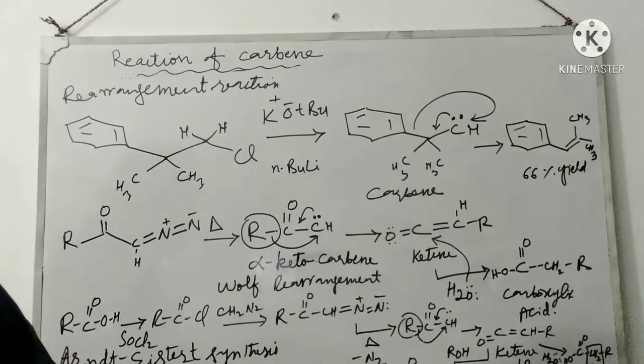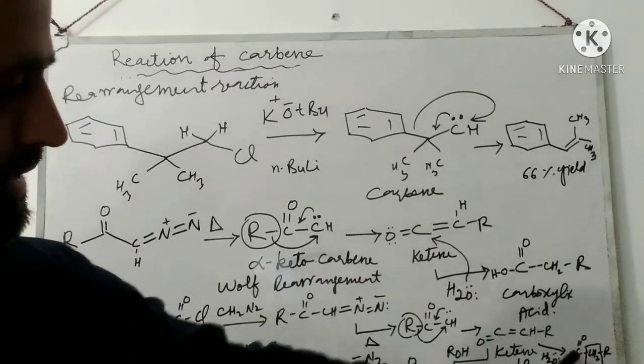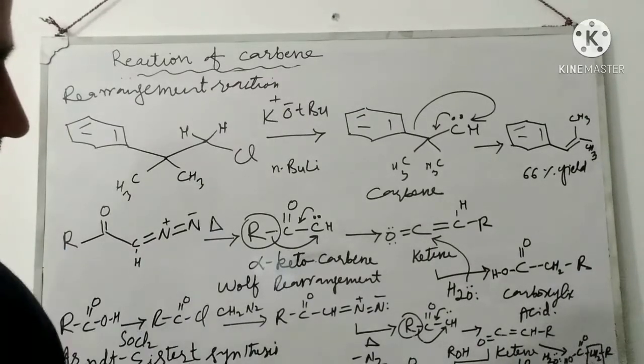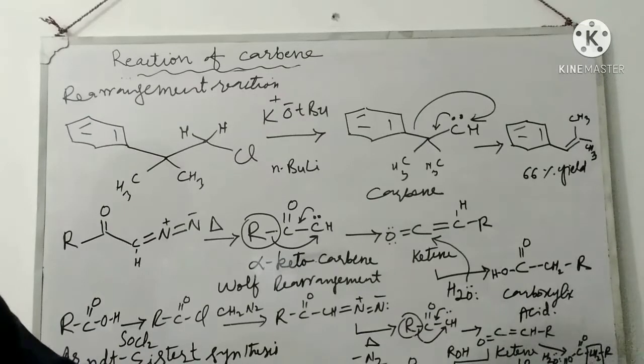In all these you can see there is one extra carbon, one extra CH2. So we can make the homologous series of carboxylic acids, amides, as well as esters. The overall reaction is called the Arndt-Eistert synthesis.